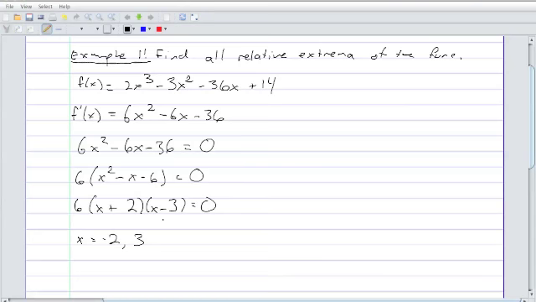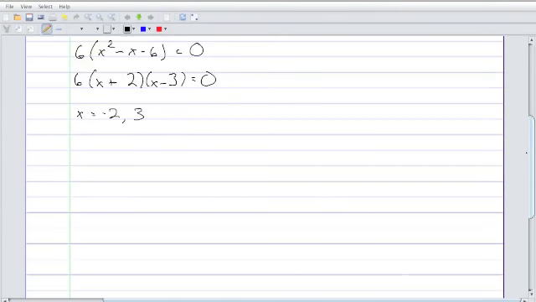So now we just make a table. We're going to make a table where we have interval, then we have our test value, then we have the sign of f prime, and then we have our conclusion.